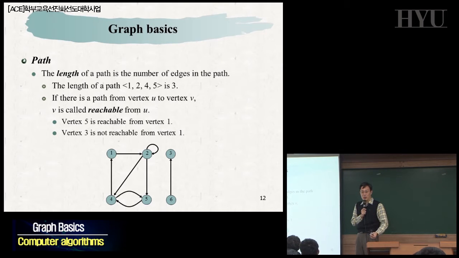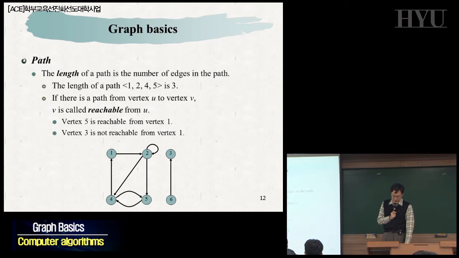You have to show there is a path from U to V. In this case, this path verifies that vertex 5 is reachable from vertex 1. But vertex 3 is not reachable from vertex 1 because there is a cut here. So there is no path from 1 to 3.